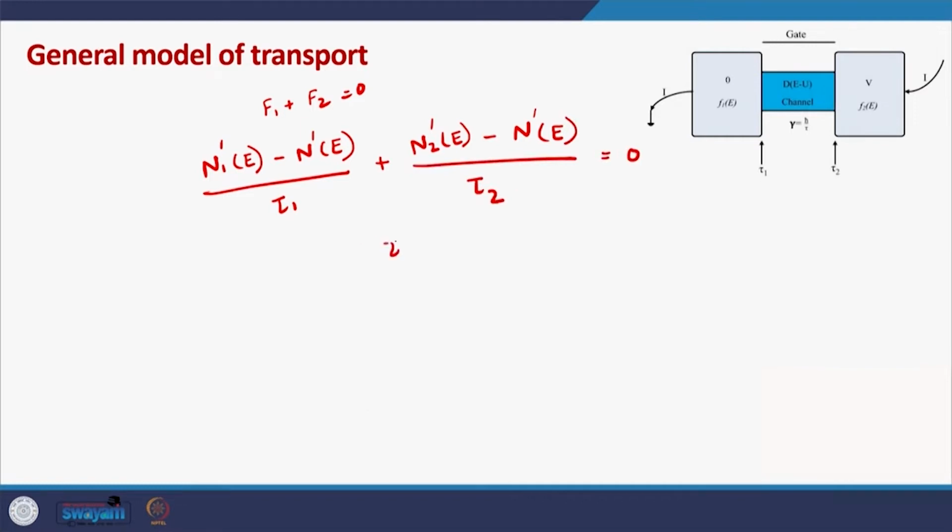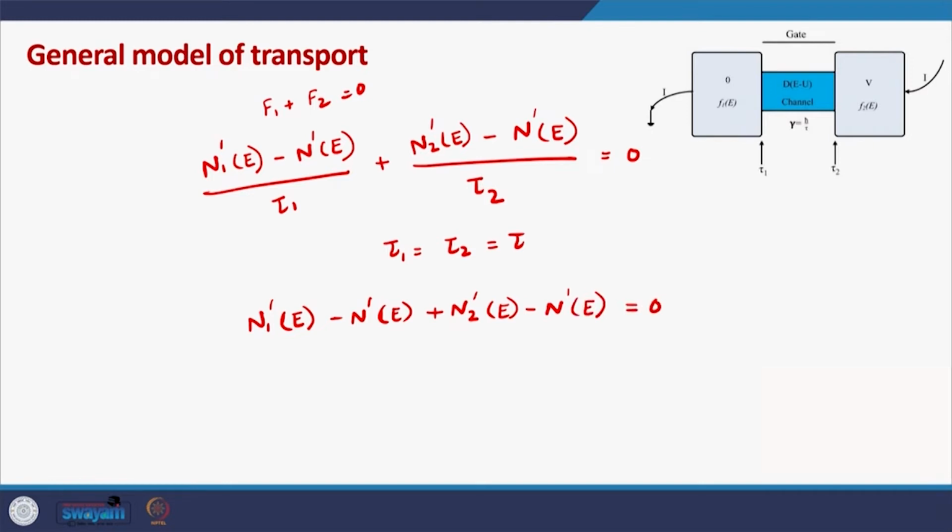So, if we assume tau 1 is equal to tau 2 is equal to tau, in that case n1 prime E minus n prime E plus n2 prime E minus n prime E will be equal to 0.